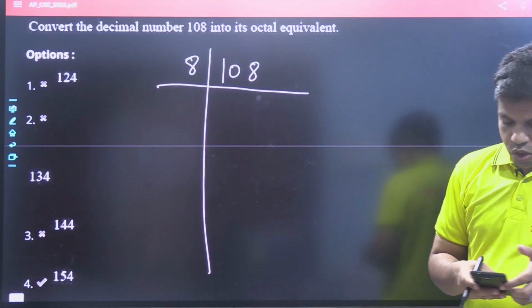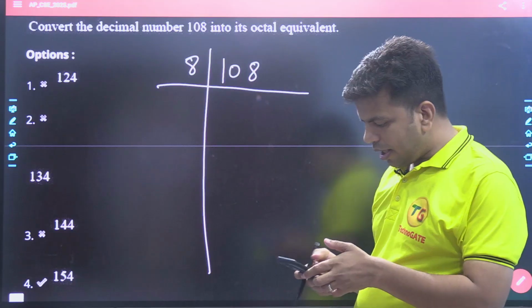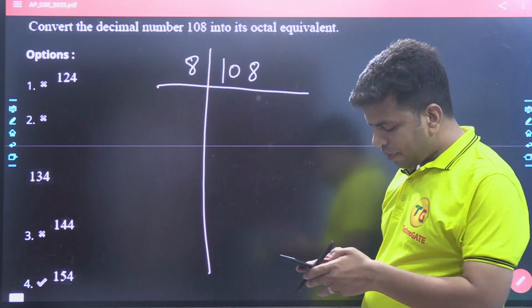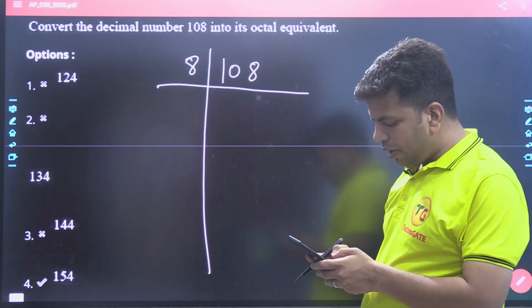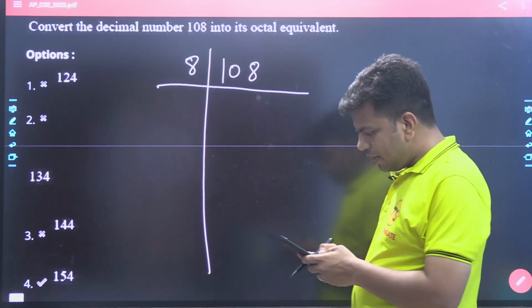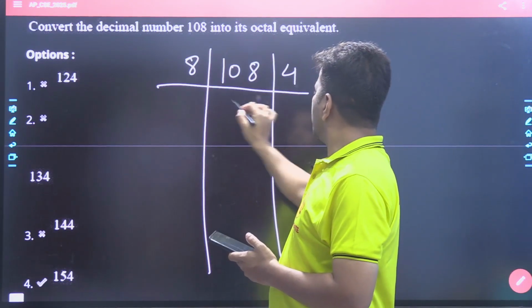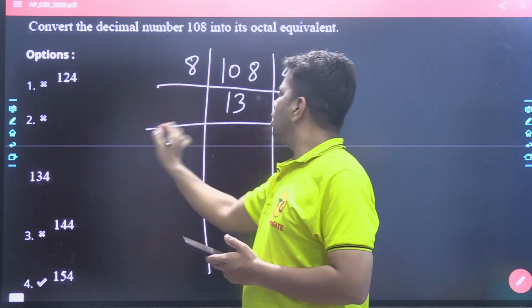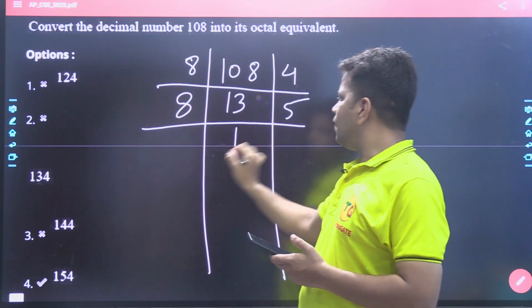Let's see what would be the divisor, quotient and remainder for this. When we do 108 divided by 8, the remainder value is 4 and the quotient is 13. Now 13 divided by 8, the remainder value is 5 and the quotient is 1.